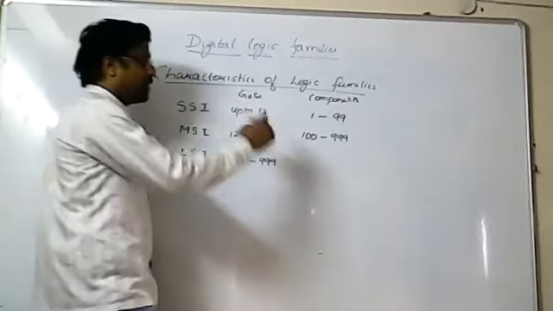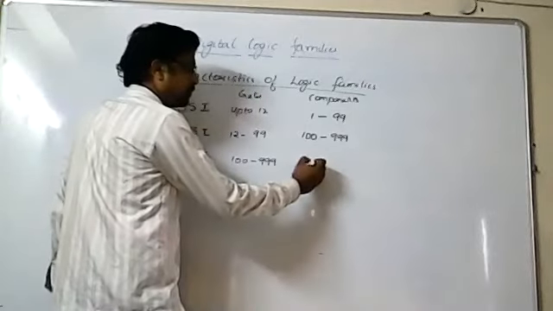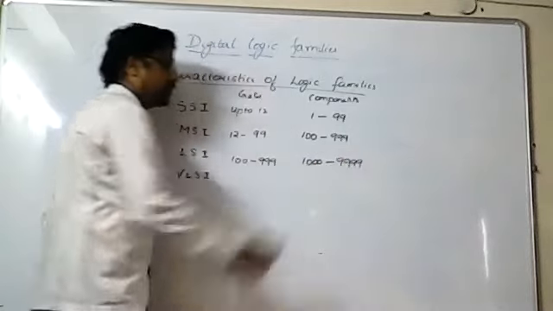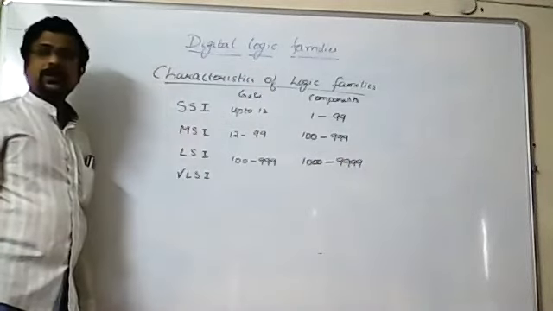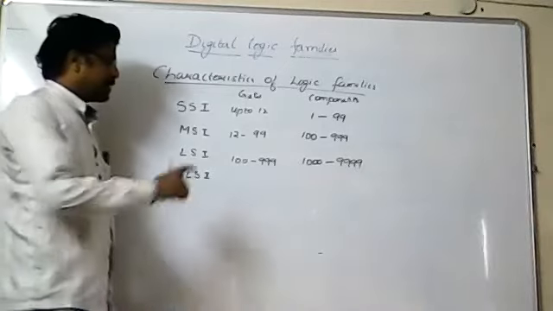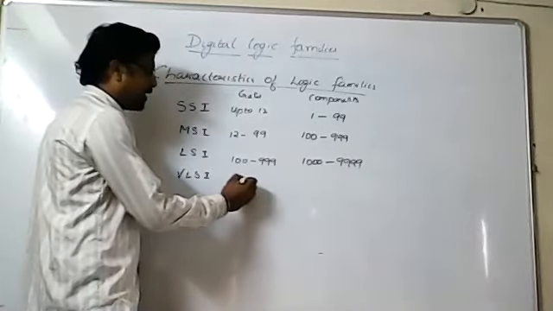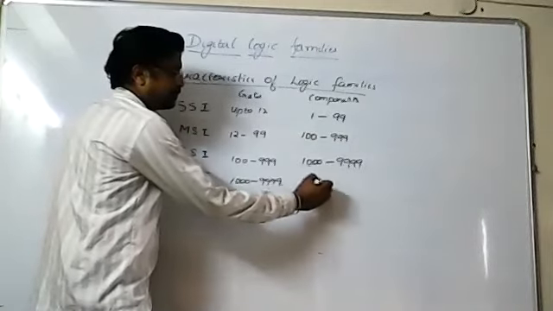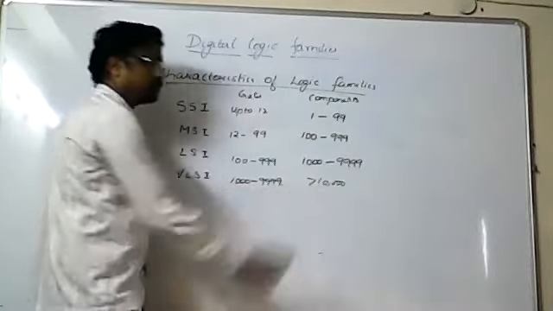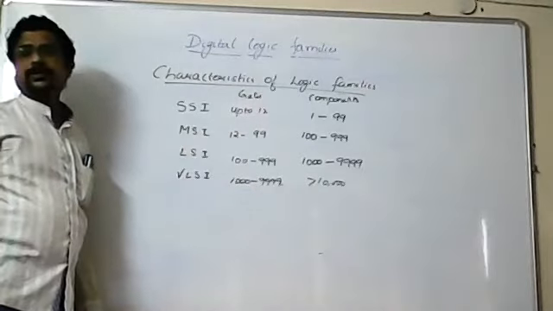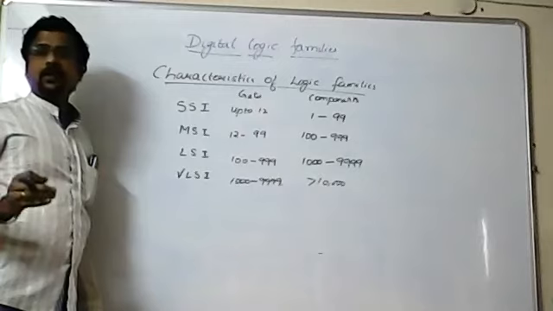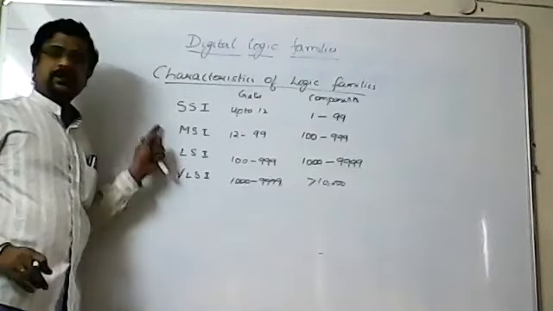And components are 1000 to 9999. Similarly, if I am going for VLSI, it is greater than 10,000.